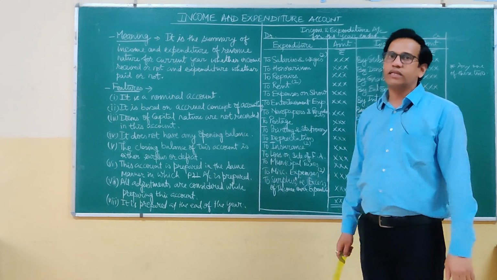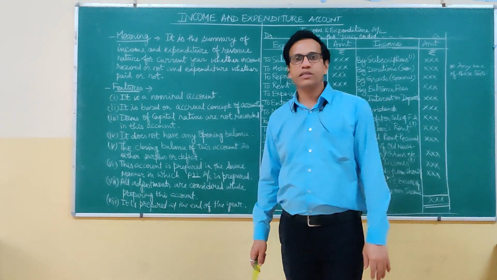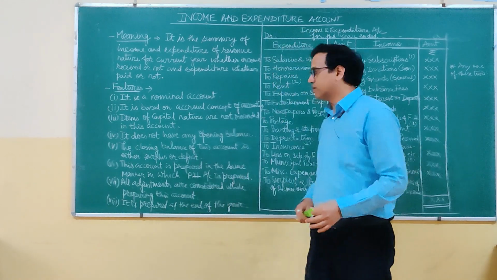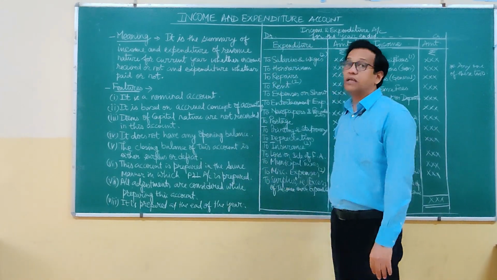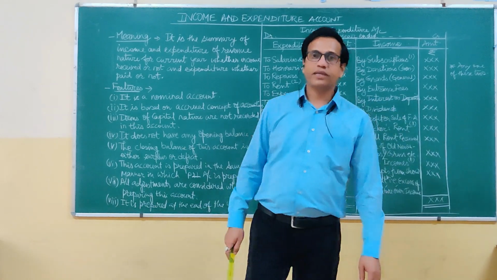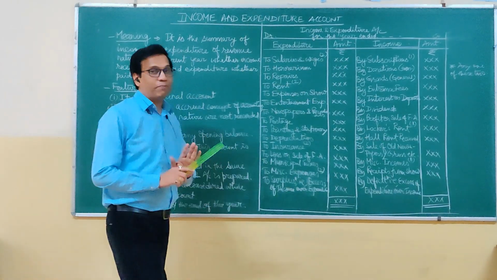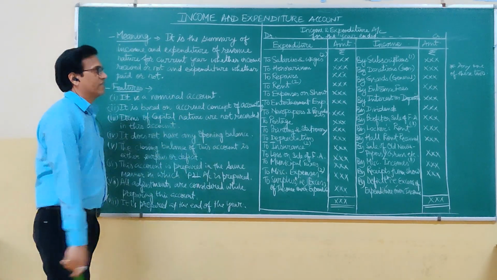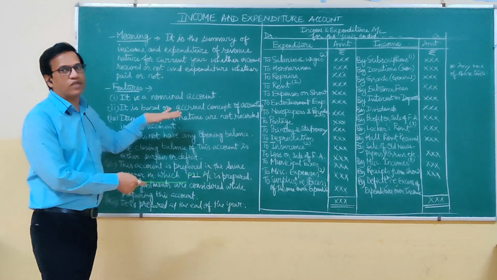Already I have told that adjustments relating to outstanding expenses, prepaid expenses, accrued income, advance income will be made here. This account is prepared at the end of the year, and capital nature items are not recorded in this account. Already we have discussed it. So these are the features of this account.